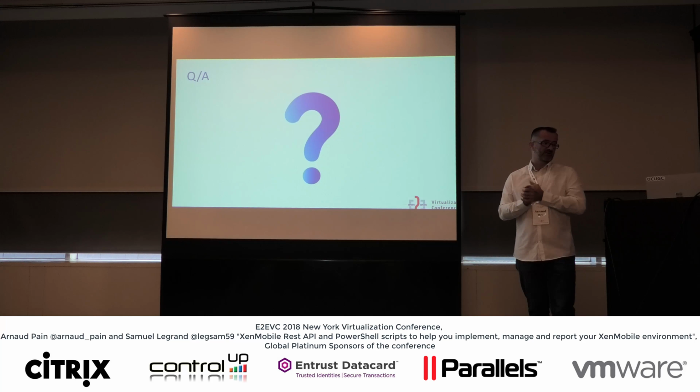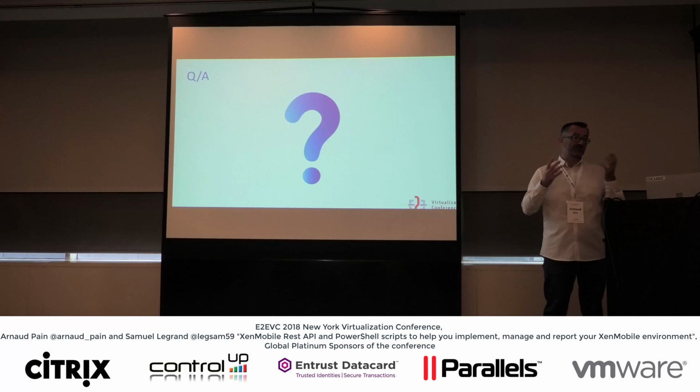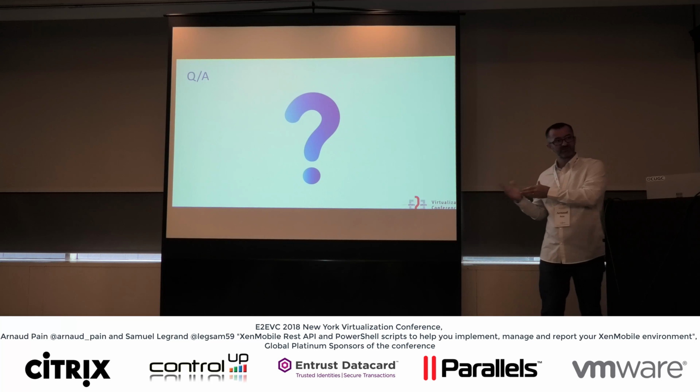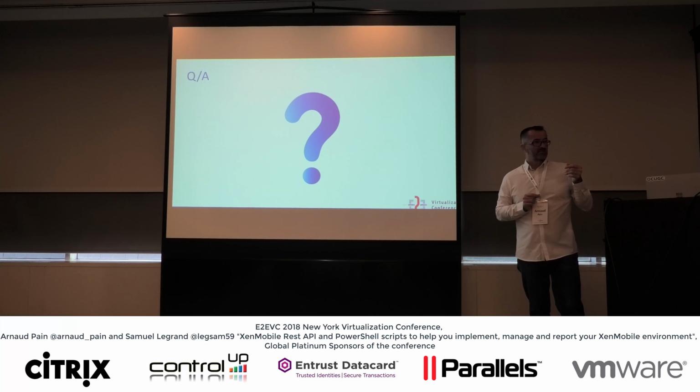So I was asked by a customer, how can I list all my inactive devices and delete them? Because if the device is inactive, probably the user left the company or will not connect anymore, and I want to get back my license for my other users. So you can script that with PowerShell as well. Yeah, so I did this script as well.